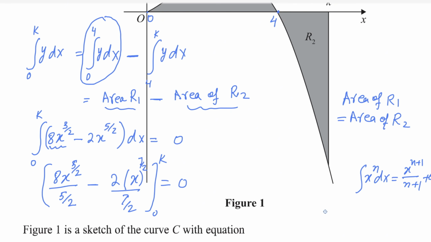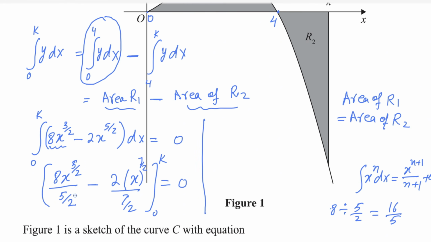Now 8 divided by 5 over 2. 8 divided by 5 over 2 is equal to, this will be flipped when you change divide into multiplication. So this 2 will multiply by 8. You get 16 over 5. There is no space, so I am writing over here.